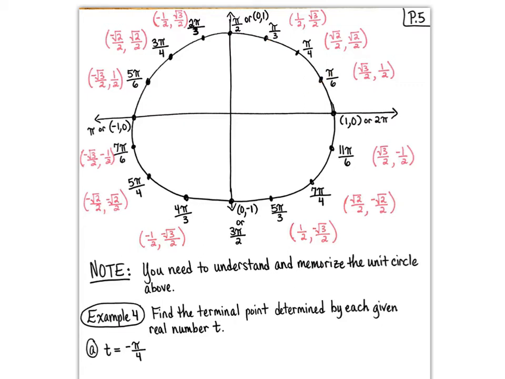Pi over 6, 2 pi over 6, 3 pi over 6, 4 pi over 6, 5 pi over 6, 6 pi over 6, 7 pi over 6, 8 pi over 6, 9 pi over 6, 10 pi over 6, 11 pi over 6, and 12 pi over 6. So notice that you picked up every point here on the unit circle.